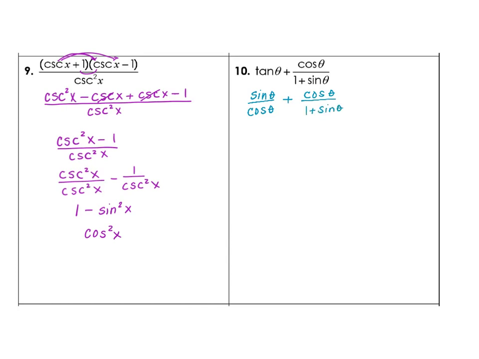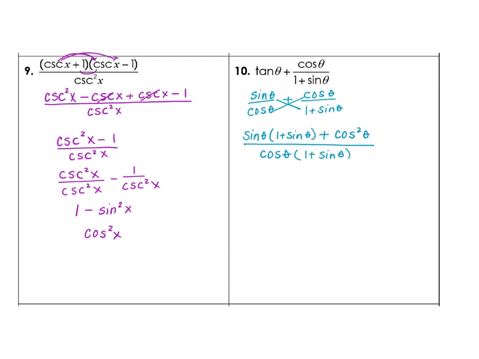So we're going to multiply here to here, so that is sine theta, and you need to put that other part in parentheses simply because you're going to be multiplying each term, plus, and multiply up here, you're going to have cosine squared theta over the product of the denominators, and I'm not going to multiply out those denominators. I'm just going to rewrite it like this in hopes that something will cancel.